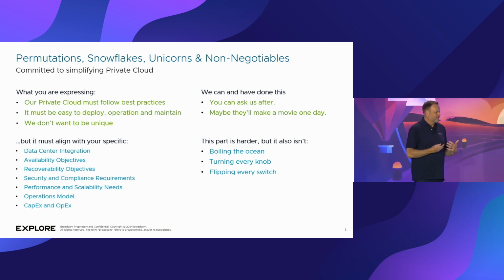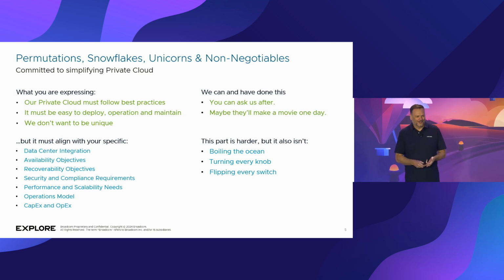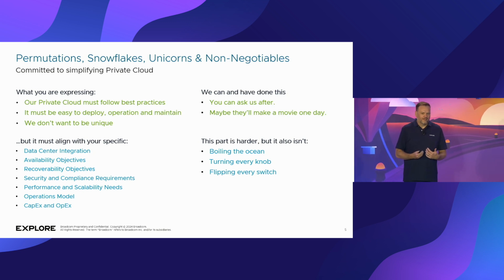And we would always have these conversations about permutations, the snowflake customer deployments, unicorns, right? The ones who are trying to do something that nobody else is doing. But really a lot of it came down to, for us, how do we navigate customers' non-negotiables, right?